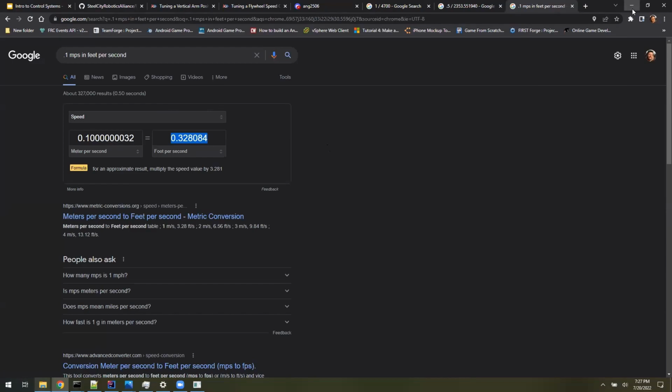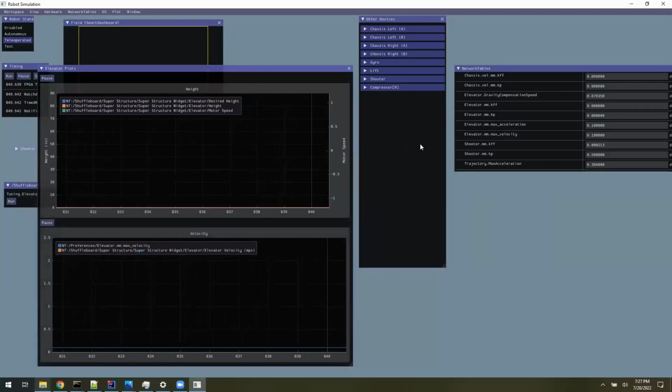We'll have it go slow at first. So that's our speed limit. And then similarly, we're saying 1 meter per second squared for our acceleration. That means it will take 1 second for the elevator to get to full speed, which is very slow. You wouldn't want to run that in a match probably, but for the sake of tuning right now, it's usually good to start slow and build yourself up.